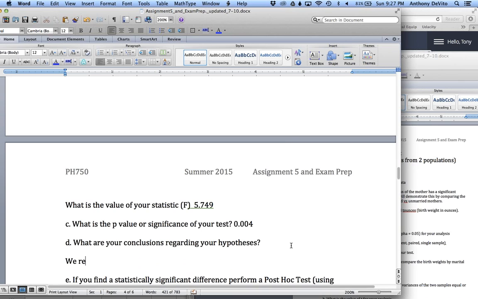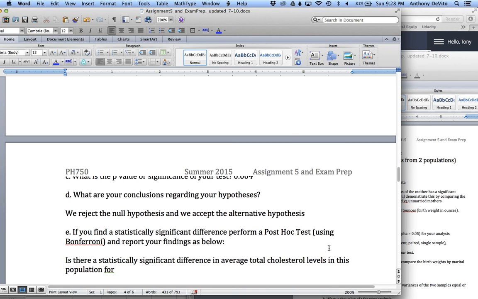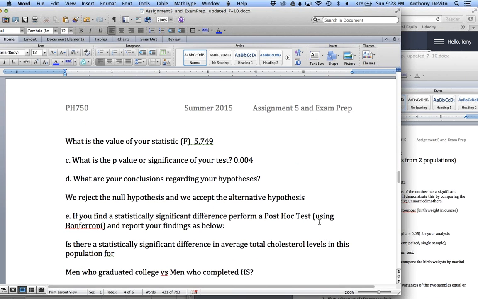We rejected the null hypothesis, and we accept the alternative hypothesis. And the alternative hypothesis was that at least two of these means are different from one another, or statistically different from one another.